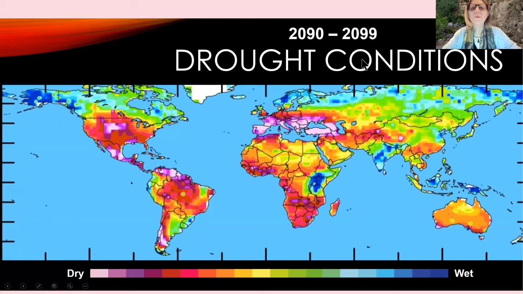So we talked before about the trend in drought conditions. The trend in drought conditions tells us that Mexico, Central America, parts of South America, this big stretch across Southern Europe and the Middle East, and some of these places that are just going to be too wet are going to become places that are actually uninhabitable.